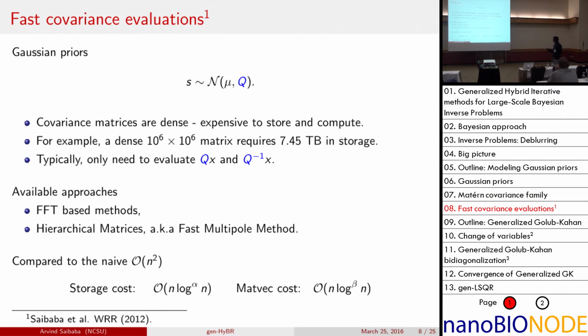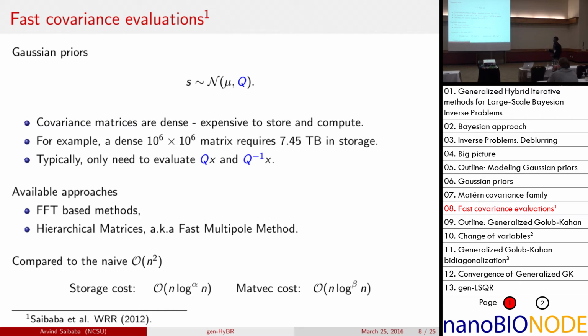But as I've written this, the Gaussian priors are very difficult to use, and the reason is that the covariance matrices are dense, because we assume that the covariance doesn't decay until infinity, so it results in dense matrices. If you do a naive approach on a million by million grid, this is completely infeasible.